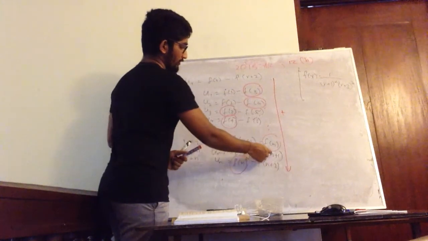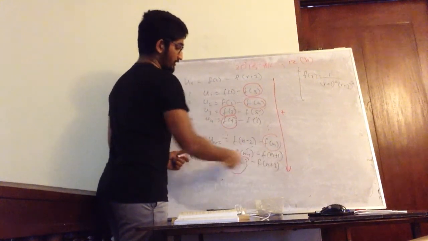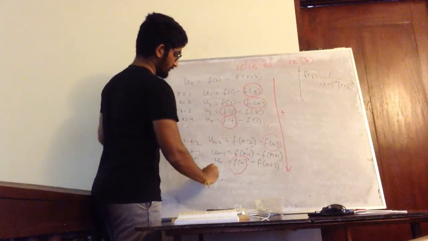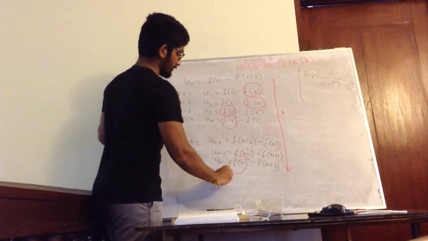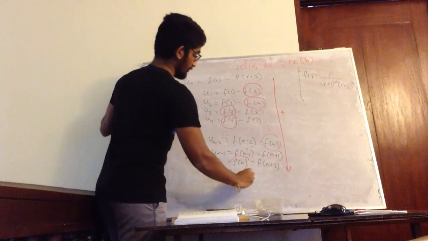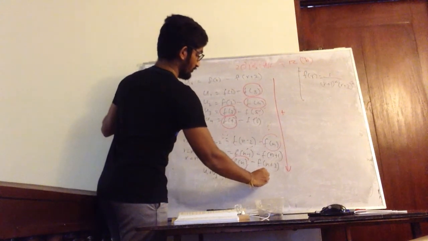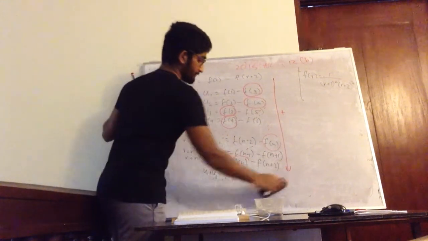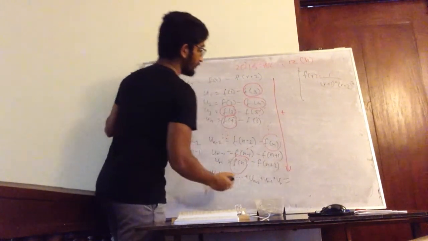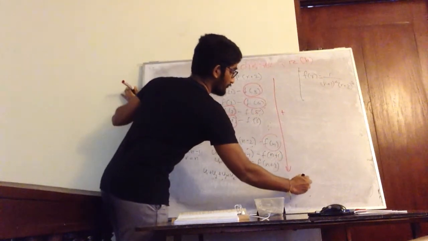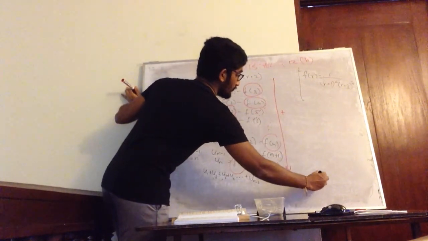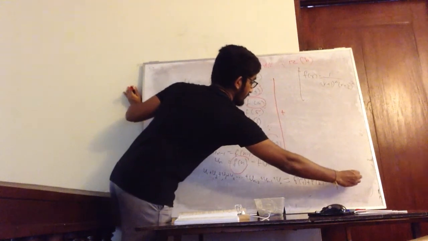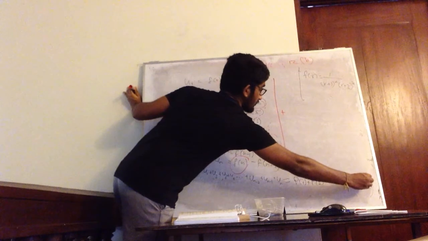F_1, f_2, and this part. So basically if you add these up, that means u_1 plus u_2 plus u_3 plus u_4 up to u_(n-2), u_(n-1), u_n, right? That is going to be f_1 plus f_2 minus f_(n+1) minus f_(n+2).